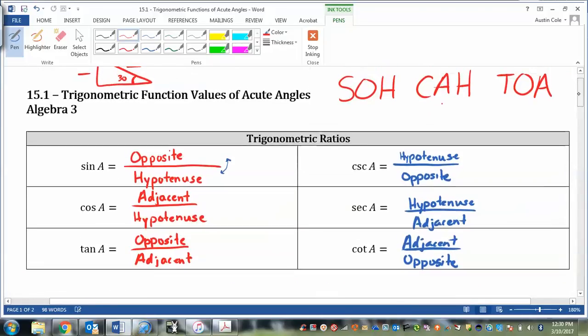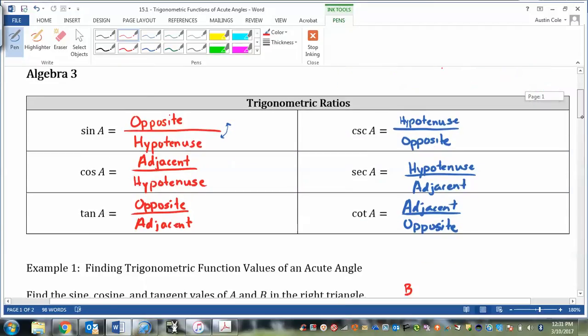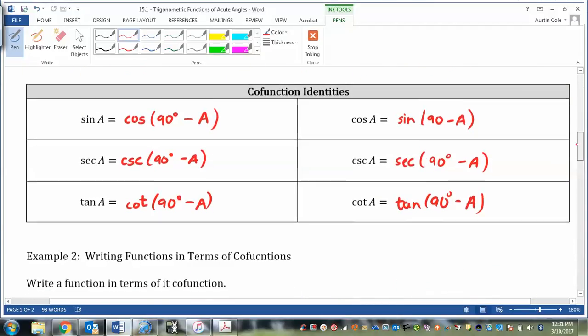At the top, I have sine, cosine, and tangent. We're okay with those. Now, what are cosecant, secant, and cotangent? Well, they are the reciprocals of all of them. So cosecant goes with sine as far as being reciprocals of each other. And then down there, it's different: cosecant goes with secant. All right. Follow me there? So I am working with this chart right now.